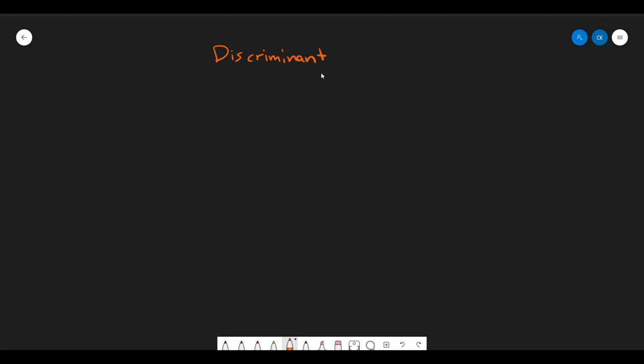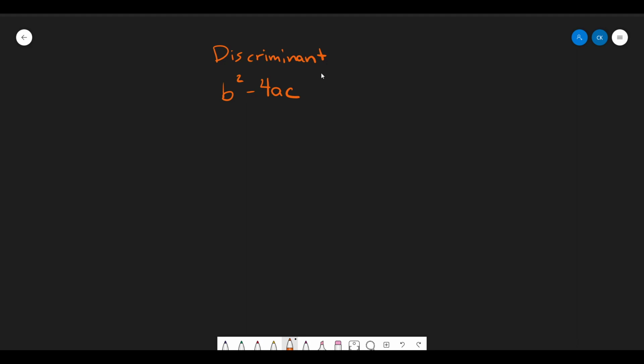So the discriminant is b squared minus 4ac. Okay, so this is my discriminant. This is how I find the discriminant. B squared minus 4ac.